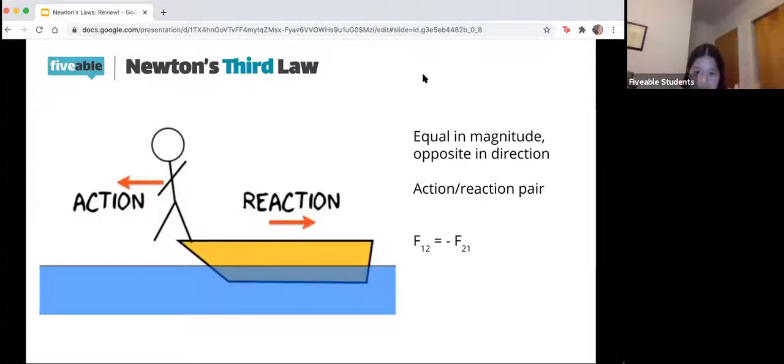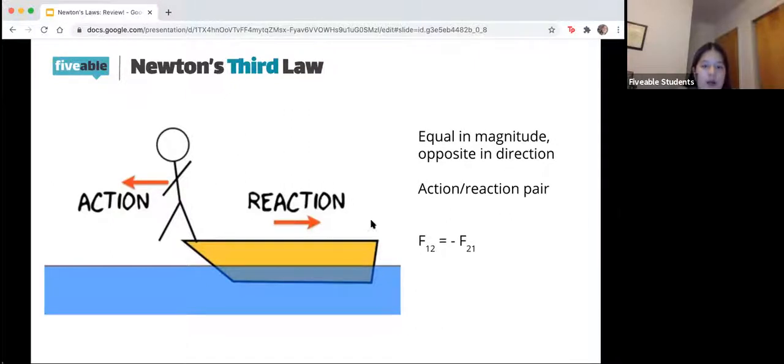And the mathematical definition is you would write it like this. Oh, and one more thing before I move on to the next slide. For this notation, I always get this question about F12 versus F21. Let's say we have two boxes that are right up against each other, so there's obviously going to be some clashing.